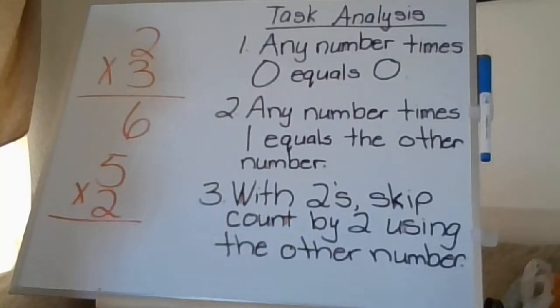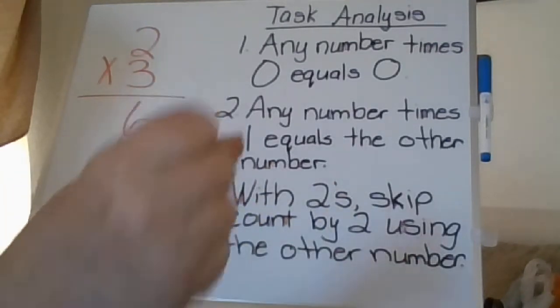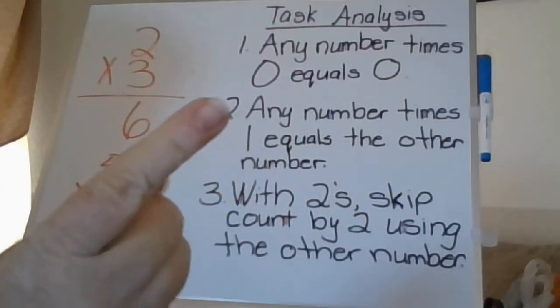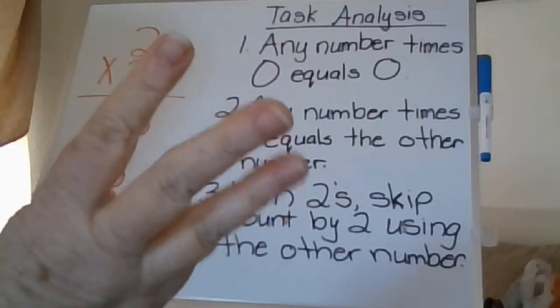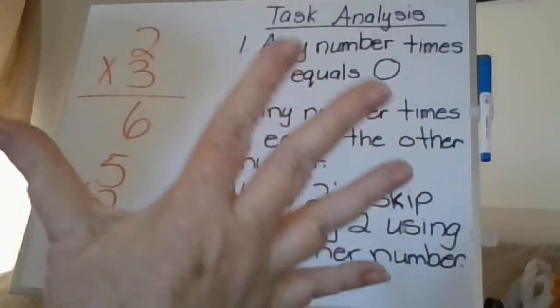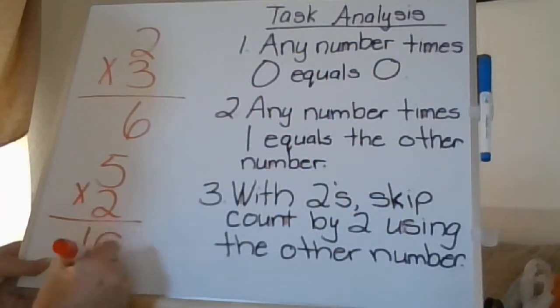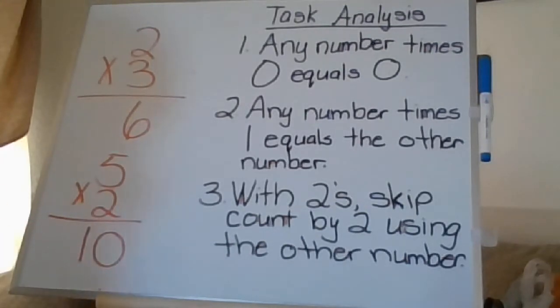So how many times would I skip count by 2? 5 times. Exactly right. Let's do it. Get your fingers. Here we go. 2, 4, 6, 8, 10. I did it 5 times. My answer is 10. Okay?